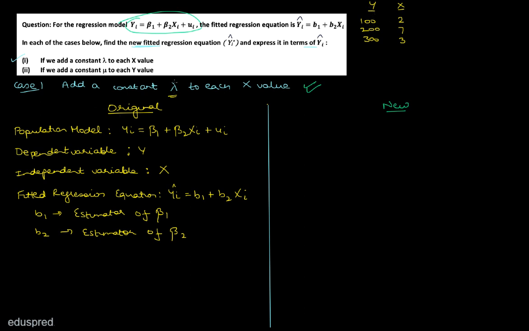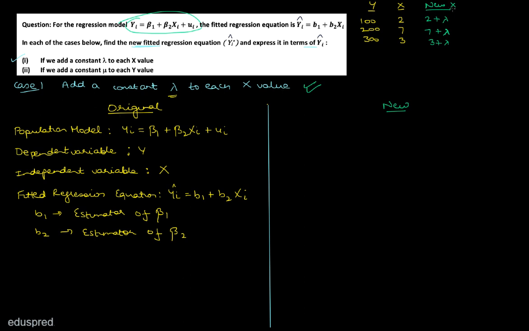Now if I add a constant lambda to each x value, let me create a new column over here and let's say we have new x written in this column. The new x is 2 plus lambda, 7 plus lambda and 3 plus lambda, because we are adding a constant lambda to each x value.